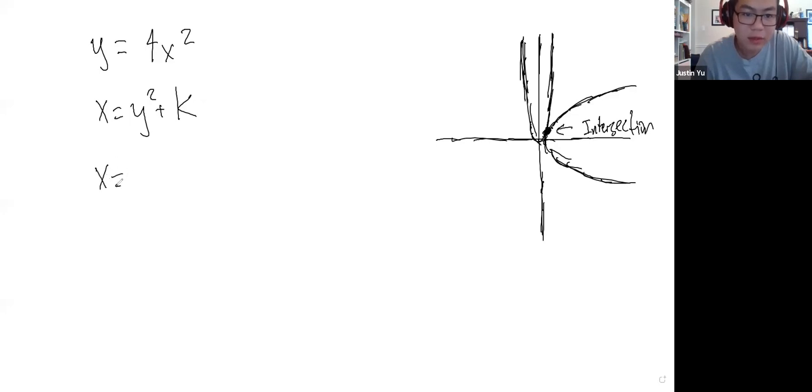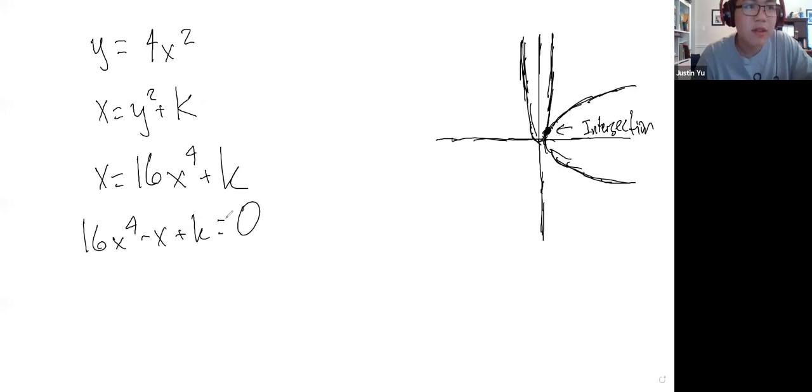So now I get x is equal to 16x to the 4th plus k. So if I move everything, all right, does anybody know the quartic formula off the top of their head? Because it looks like we're going to need to solve a quartic.